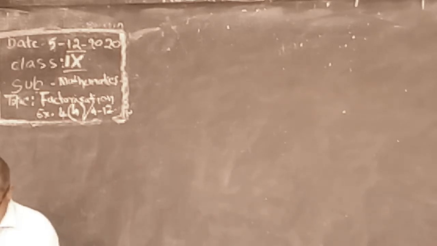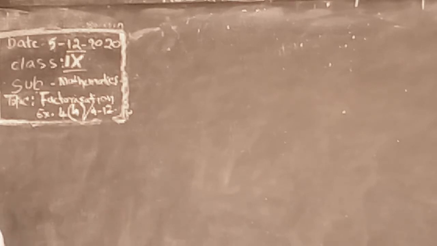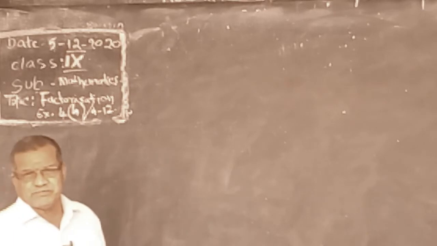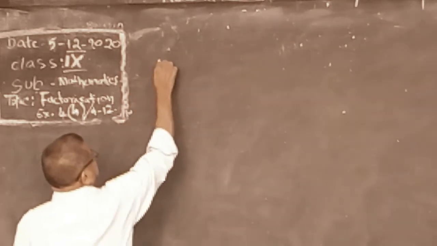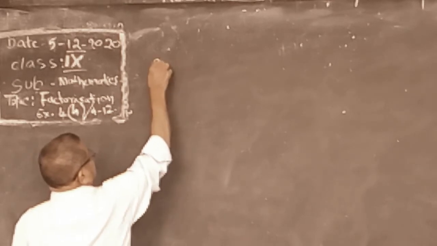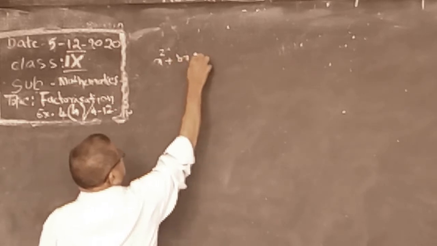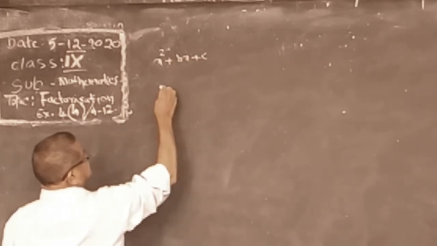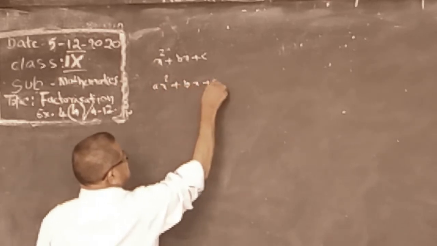Okay. We are doing factorization on algebraic formulae: (a plus b) whole square, (a minus b) whole square, (a plus b plus c) whole square, a square minus b square, and a quadratic expression ax square plus bx plus c, x square plus bx plus c, and ax square plus bx plus c.